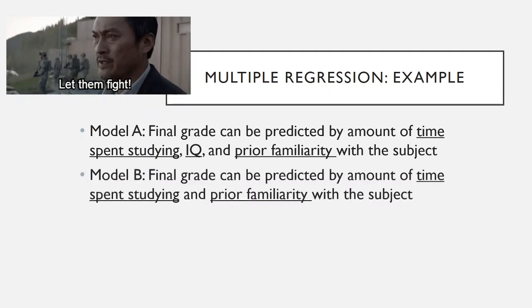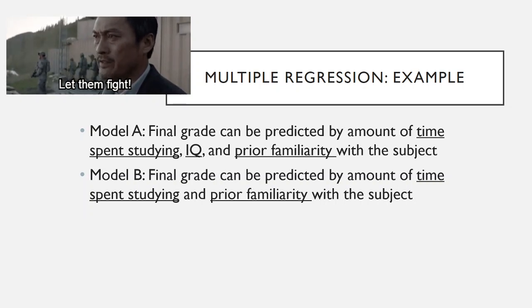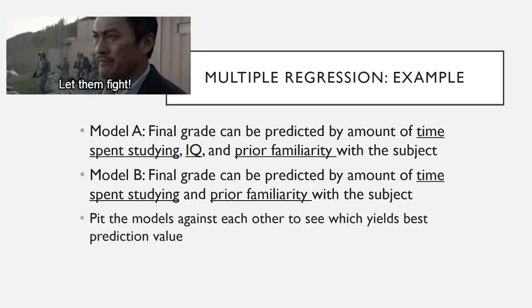Or maybe you think that a slightly more parsimonious model will do just as well in helping make accurate predictions about what someone's final grade is going to be. You think that, again, time spent studying needs to be in there because you know that has something to do with grade, but you think that IQ doesn't really have that much to do with it, and so prior familiarity will get you to enough prediction accuracy.